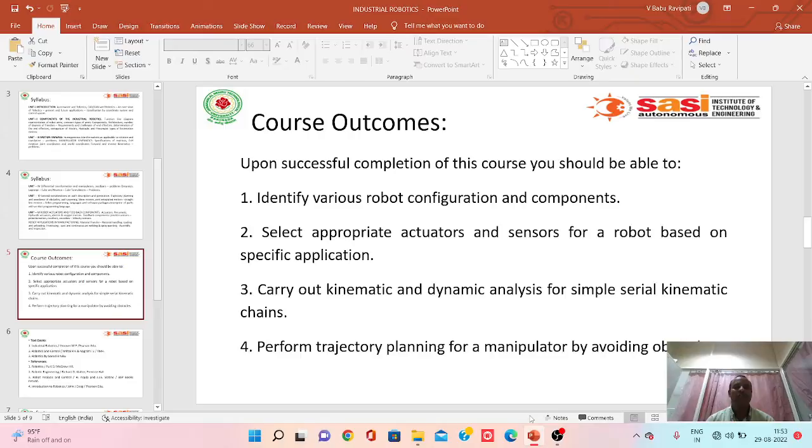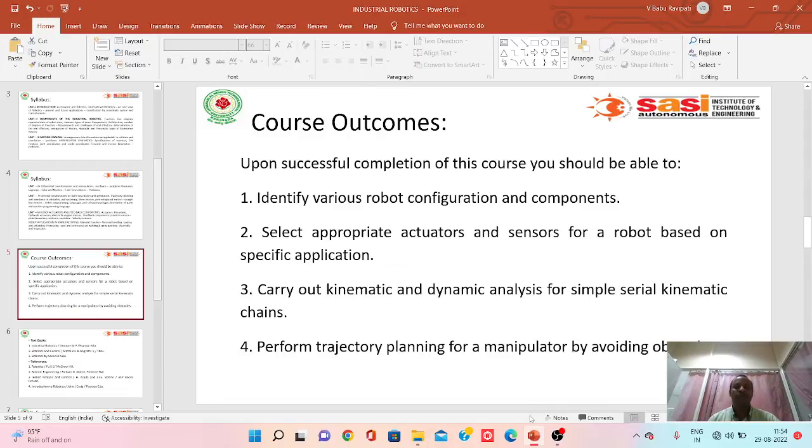The third one is carry out kinematic and dynamic analysis for simple serial kinematic chains. So a simple serial kinematic chain is nothing but a robot. And about that, we are going to know about the kinematics and dynamic analysis that we cover in the third unit and the fourth unit.